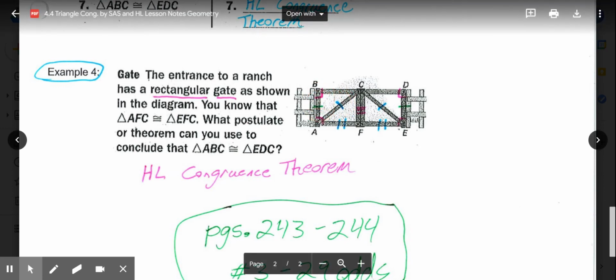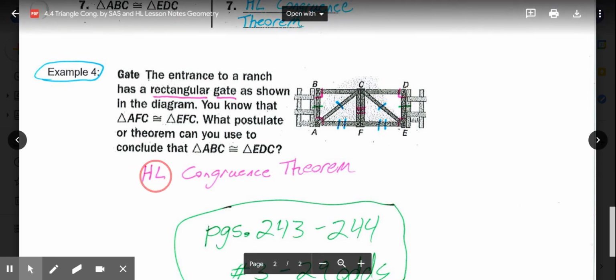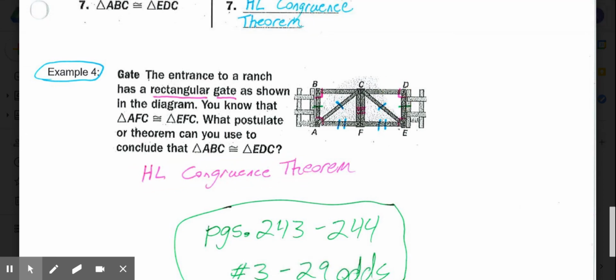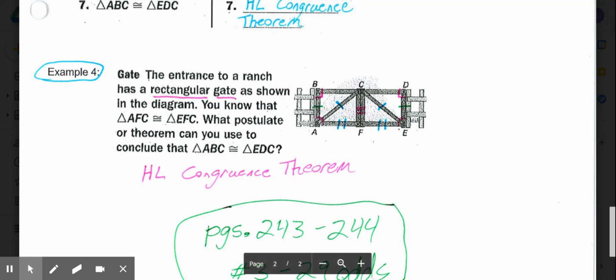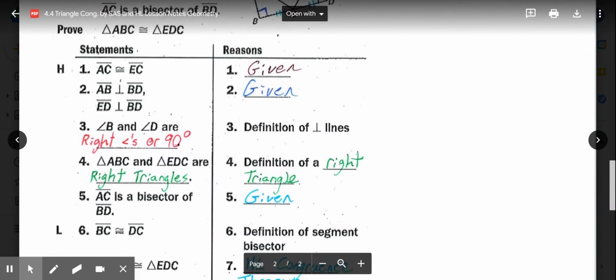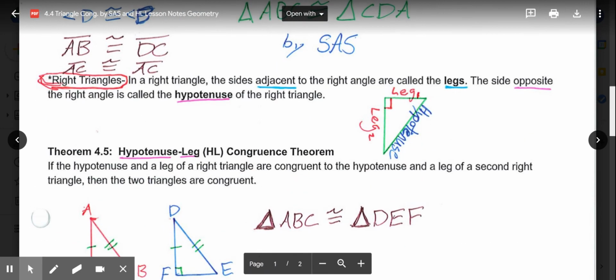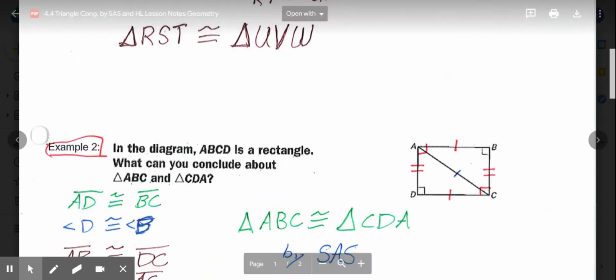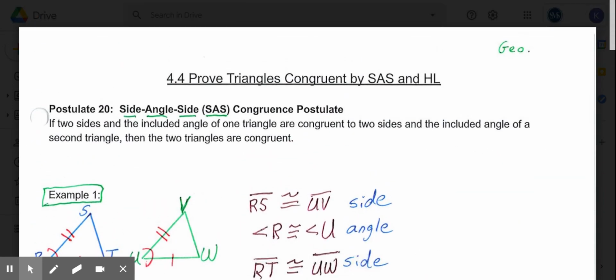So I could state that ABC is congruent to EDC, this triangle here to this triangle here, by the hypotenuse leg congruence theorem. And again, you can ignore the problem numbers and page number down there. Go with the ones that are posted in Google Classroom, please. So in this lesson, you have two pieces to really keep track of: the hypotenuse leg congruence theorem, as well as the side angle side congruence postulate.